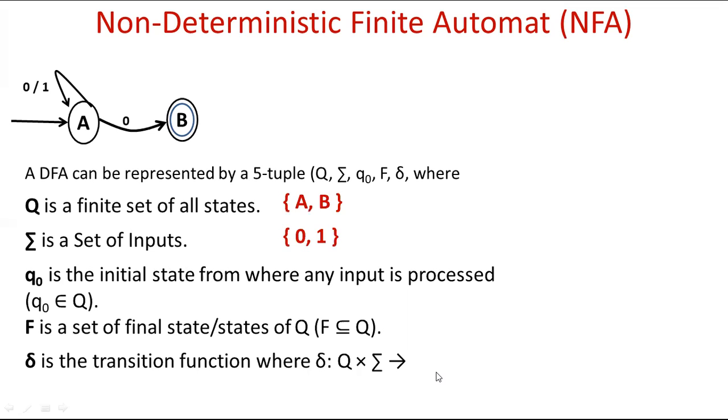So how do we know which is the start state? The state that is pointed to by an arrow that comes from nowhere. So here A is the start state. And what is F? F is the set of final states. So here we have only one final state with a double circle around it. That is B. So B is the final state.